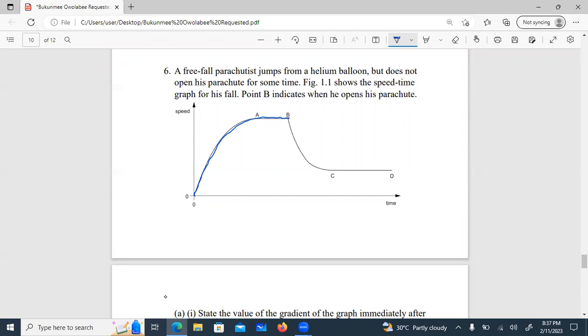Once you open the parachute, the velocity will drop to a low steady value. That is what happens to parachutists. That's why parachutists survive when they land, because they land with a low steady velocity, unlike when they do not open the parachute, when they would land with a very high velocity.